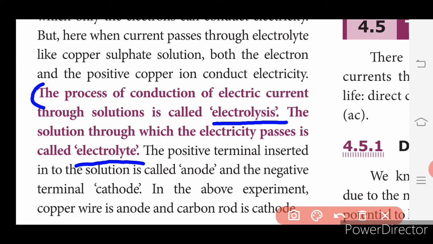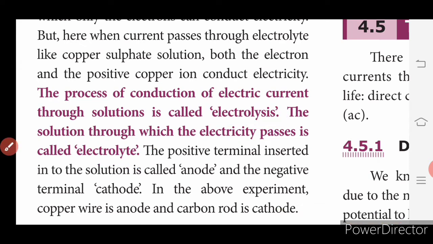Whereas the solution you are taking to pass the current is called the electrolyte. So what electrolyte have we used here? Copper sulfate solution is the electrolyte and the process is called electrolysis. Did you understand, children? Go through the definitions as soon as possible at the end of the session.